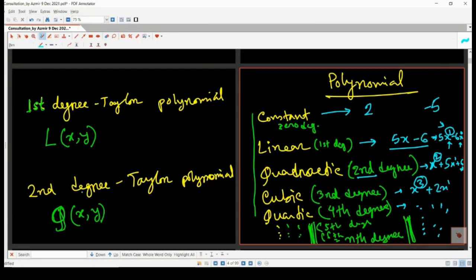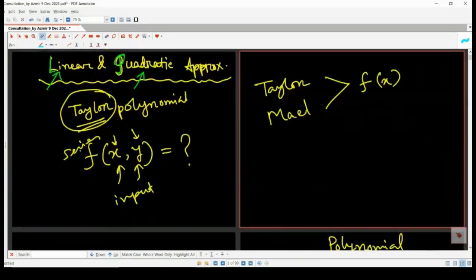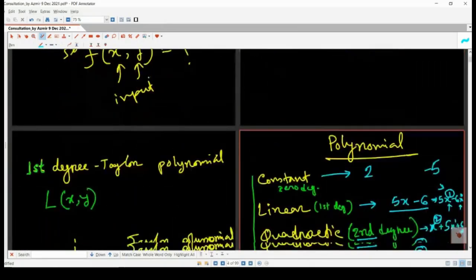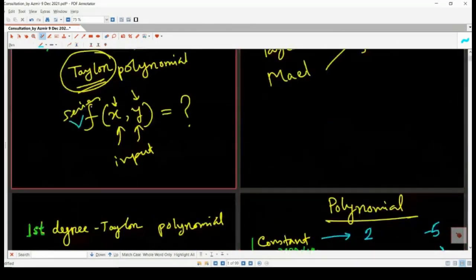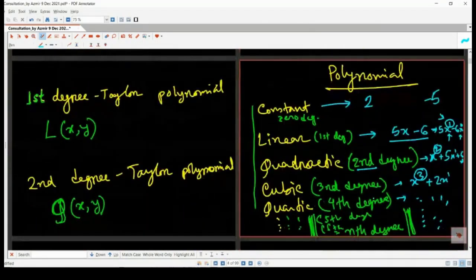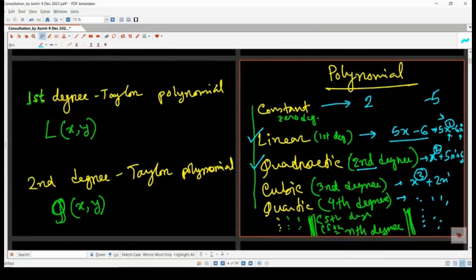But for this case, linear and quadratic approximation for functions of two variables, we are talking about only linear approximation and quadratic approximation. That is linear and quadratic polynomials.